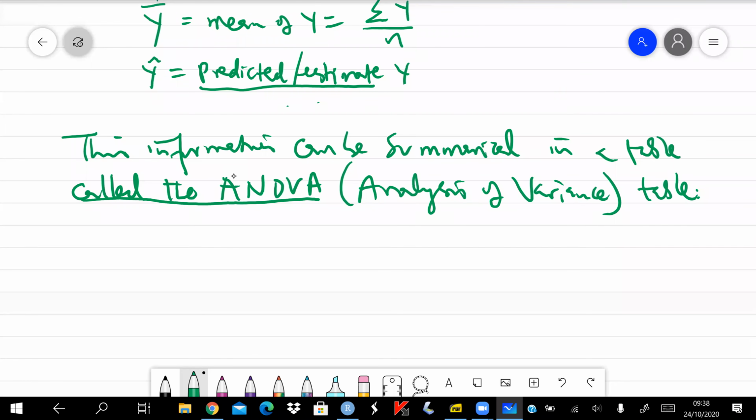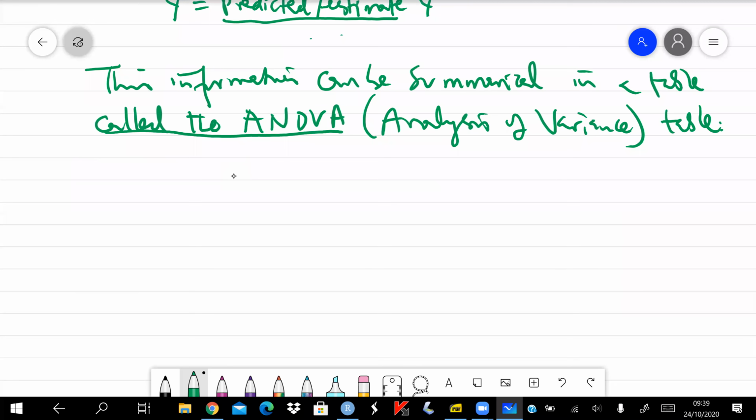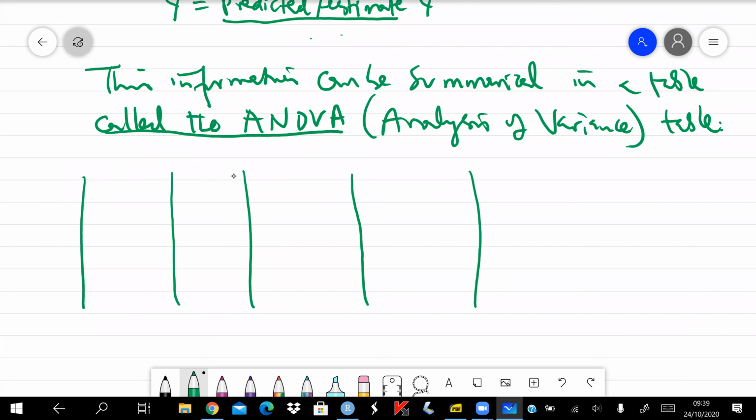So the ANOVA table looks like this. We have a table which has 5 columns.